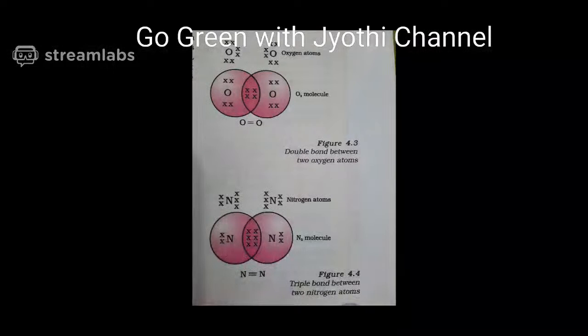And what about nitrogen? There are 5 valence electrons and it requires 3 to attain an octet structure. Look at this image clearly. Oxygen has 6, nitrogen has 5 electrons.